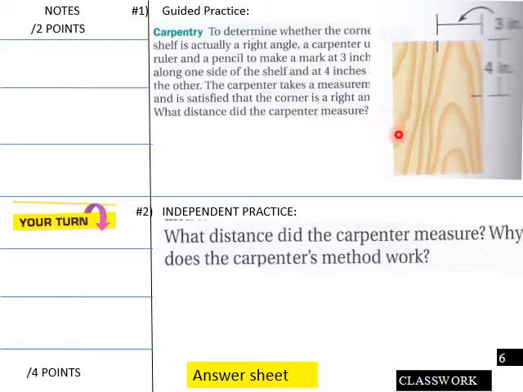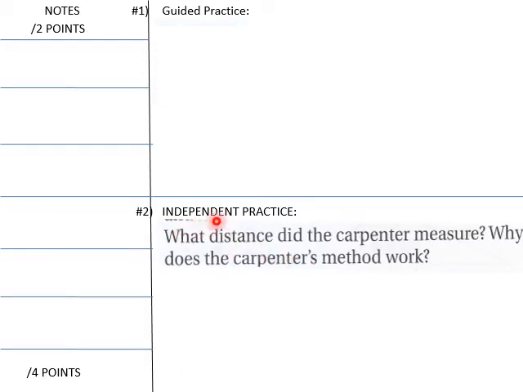What distance did the carpenter measure? So this is a kind of long response question here. Why does the carpenter's method work? So we're going to find out here what method the carpenter is using. So students, pay attention to the guided practice so you can do your independent practice.